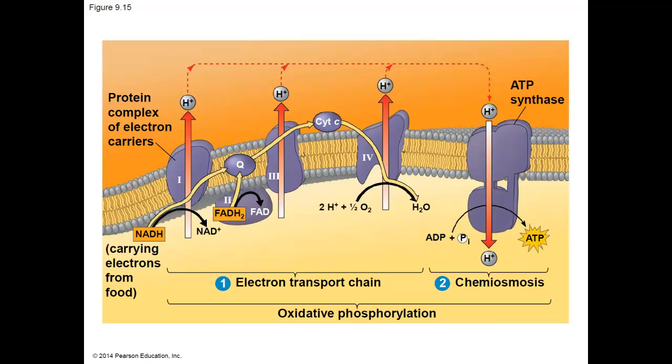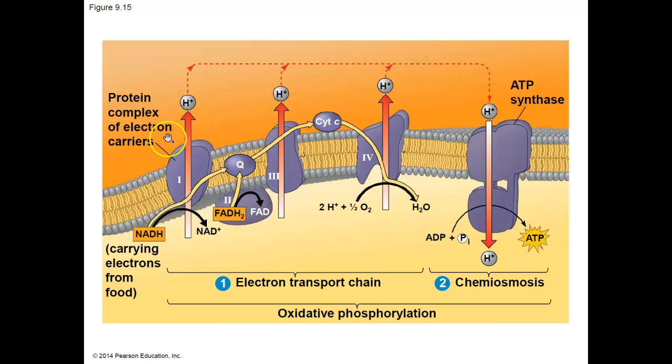In the electron transport chain, NADH and FADH2 travel through a series of cytochrome proteins. The cytochromes accept the electrons and shuttle hydrogen ions into the intermembrane space of the mitochondria.